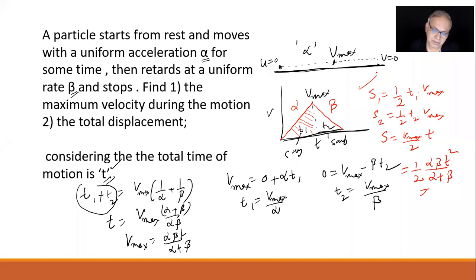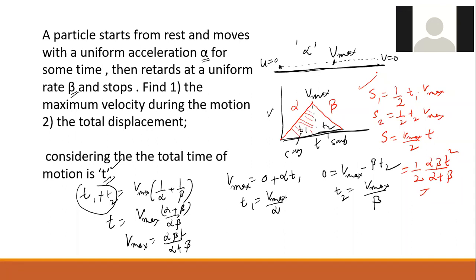By seeing the graph, total displacement is equal to V max into T by 2. Yeah, that's it. Because the total base is T1 plus T2. Half into base into height for the total triangle, isn't it? And T1 plus T2 is total time T, and V max is already known from the previous one. All right?